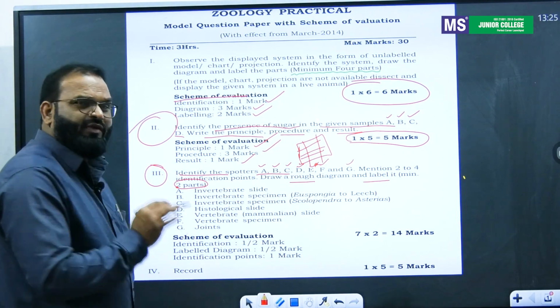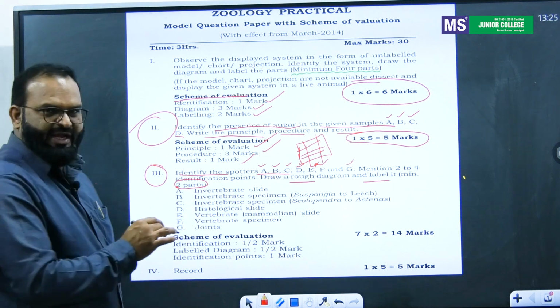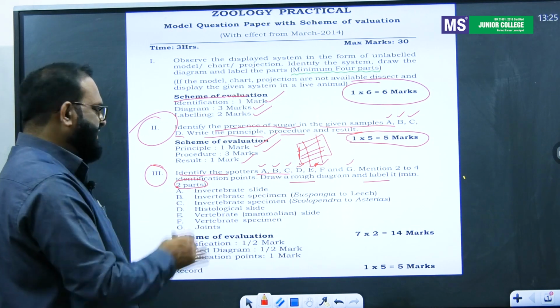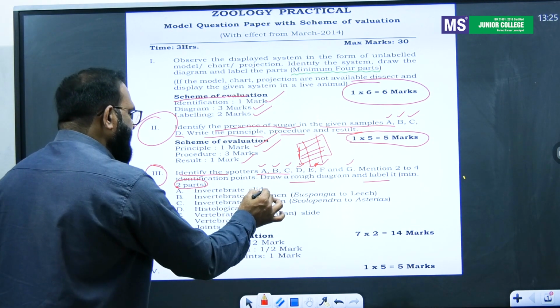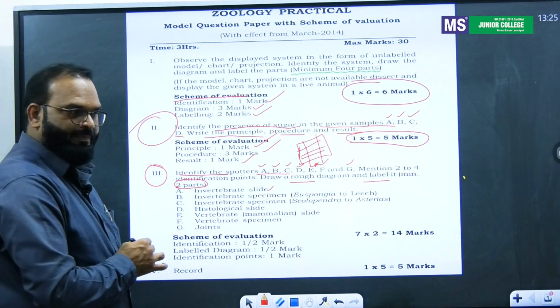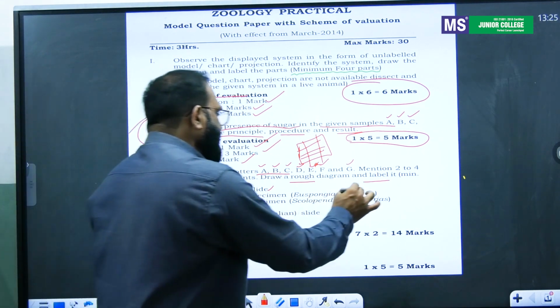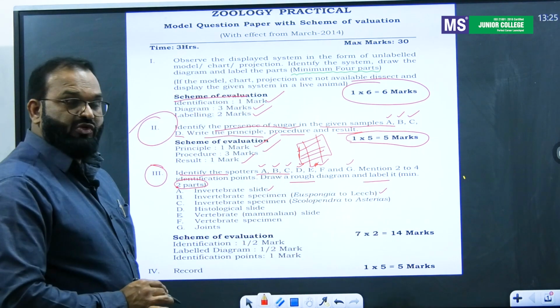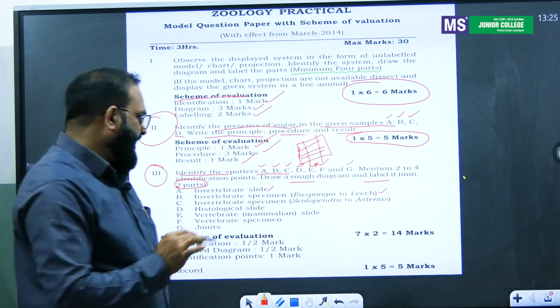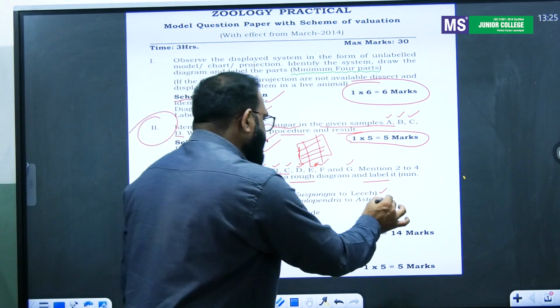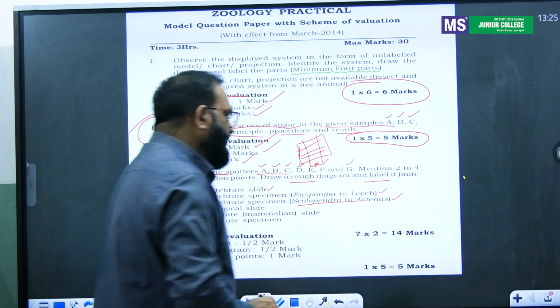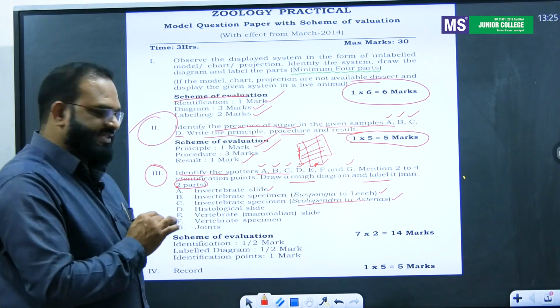So in this, for your easy understanding, I would like to display quickly all the slides and specimens. In A, an invertebrate slide will be there. In B, invertebrate specimens from Euspongia to leech will be there. In C, invertebrate specimens from Scolopendra to Asterias.